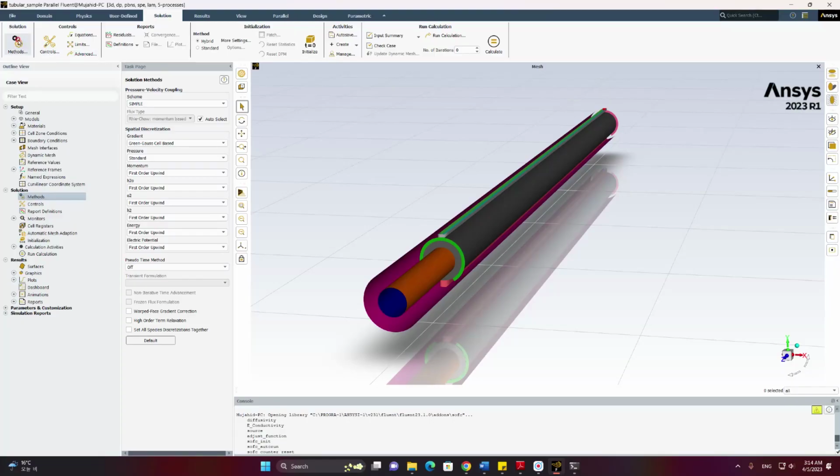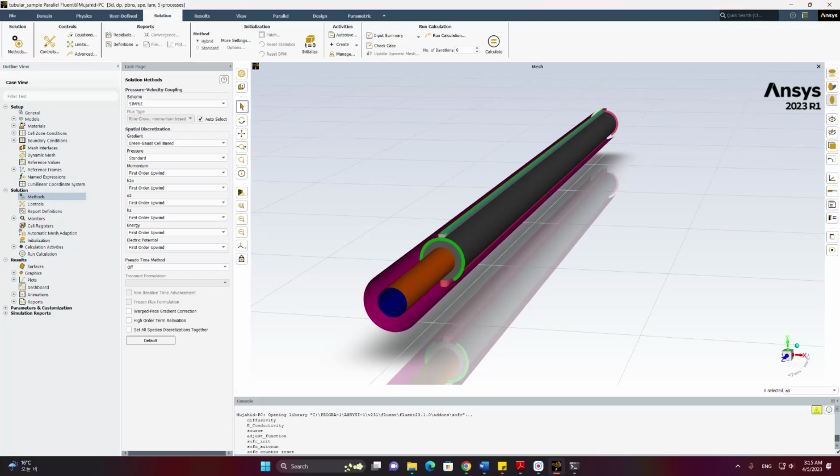Going on to the solution methods, both ways are possible, from the ribbon or from the tree. Now it tells to give the controlling limits for the maximum absolute pressure, 5 exponent 10. This is already the default setting, so we can keep it like that for our case, and this is also okay.